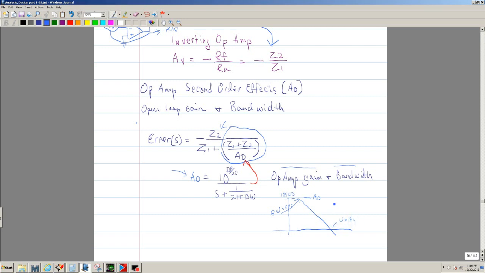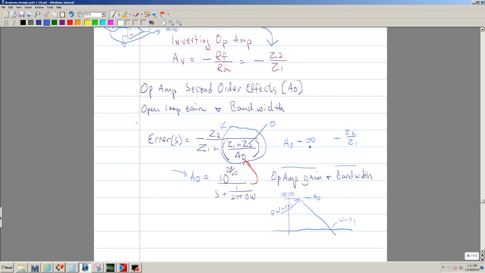So basically what I'm trying to do is model the effects of the op-amp, because if you have an op-amp that has a gain of 40 dB, which is only 100, then it's going to have a big effect on this. If this A sub O is infinite, meaning that it is very, very high, then this term goes to 0 and this simplifies to the infinite gain case.